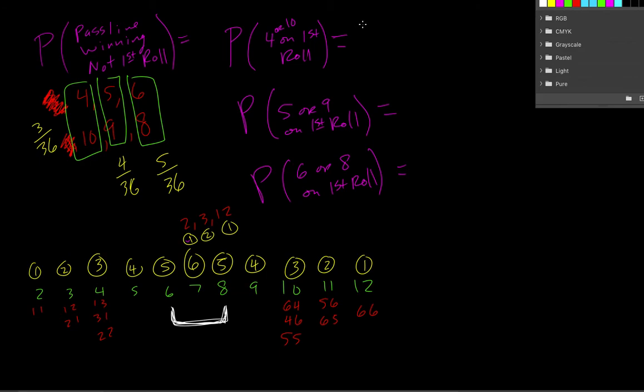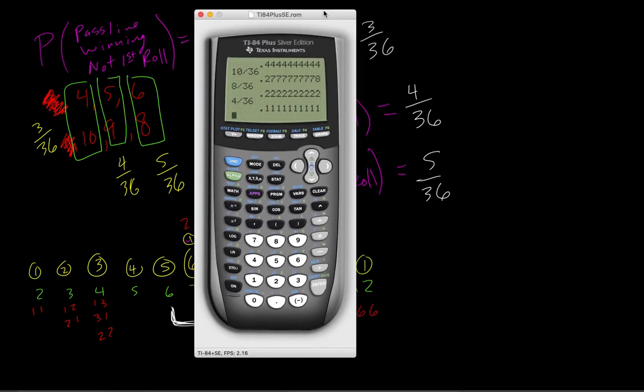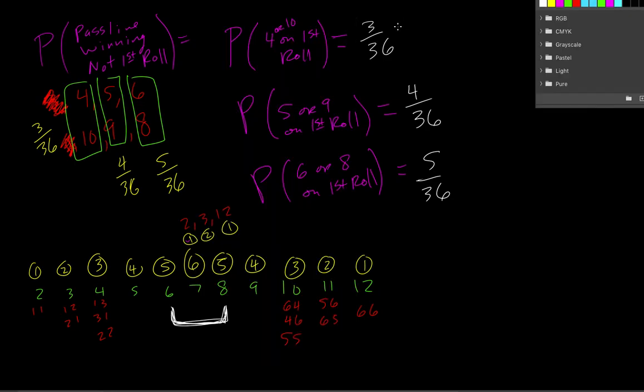So we go to our calculator: 3 divided by 36, 4 divided by 36, and 5 divided by 36. Okay, so we got 0.083, so if we move that over, it's 8.3, but I'm just going to say 8%.